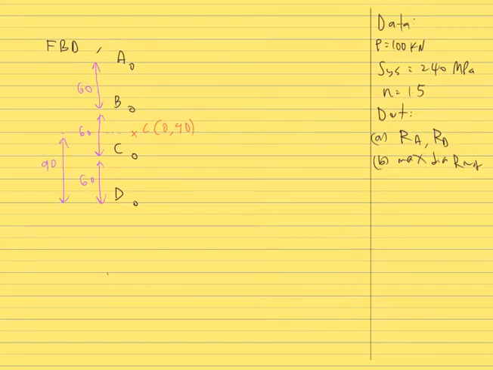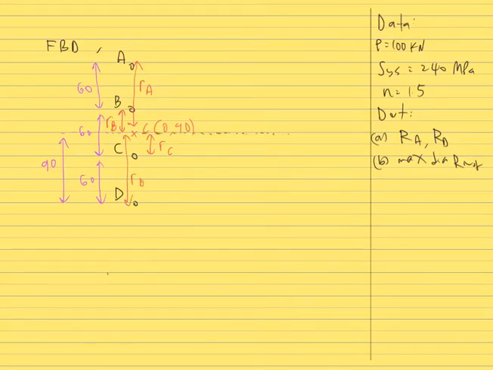Next, the distance from the centroid to point D is 90 mm, and the distance from rivet A to the centroid we assume is RA, rivet B to the centroid RB, rivet C to the centroid RC, and rivet D to the centroid RD.